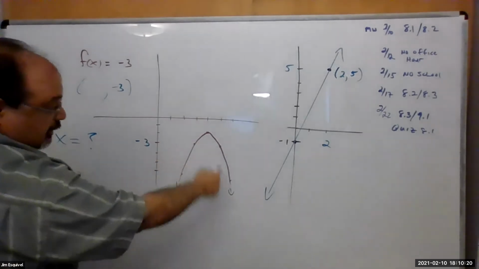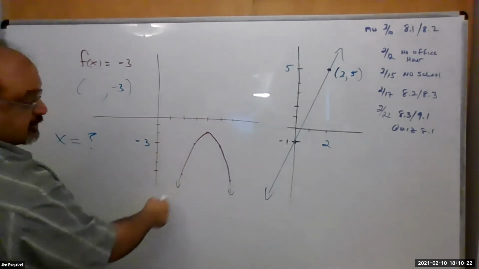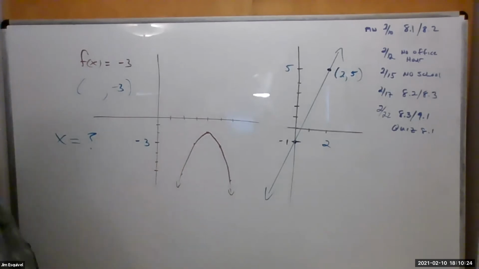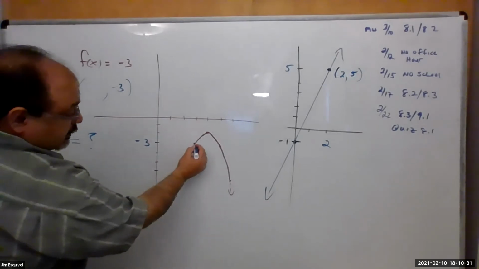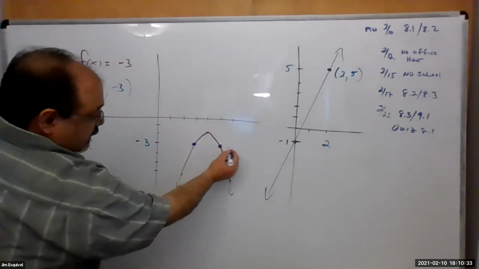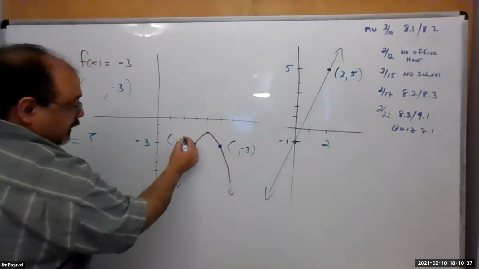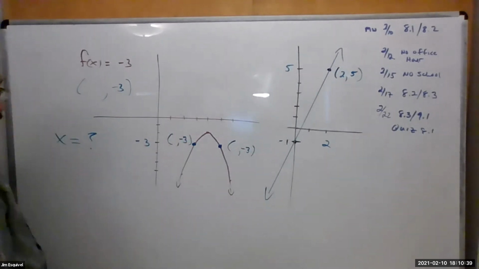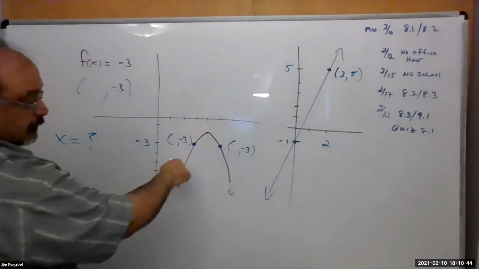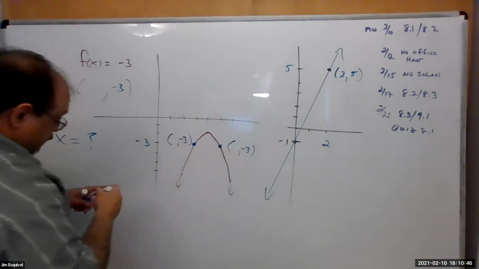In this picture, how many times does it have a y value of -3? Twice. There are two points in this parabola where you have a y value of -3.